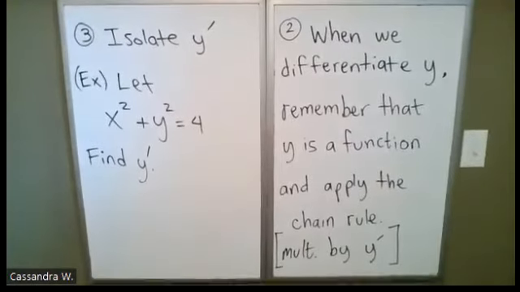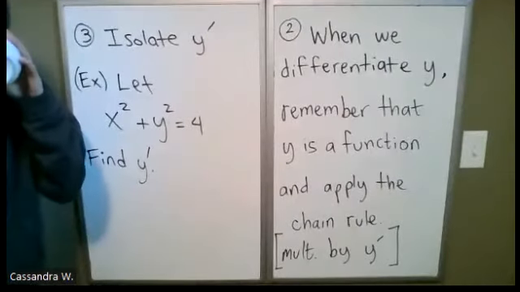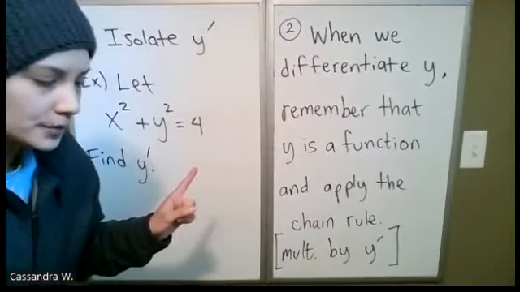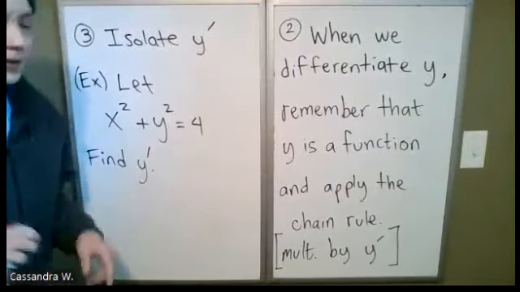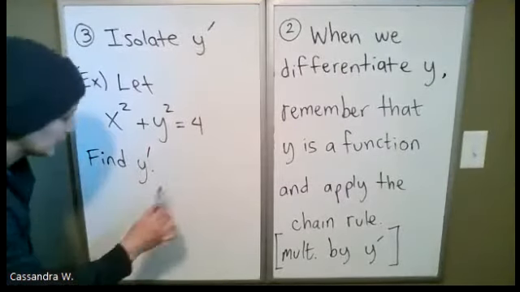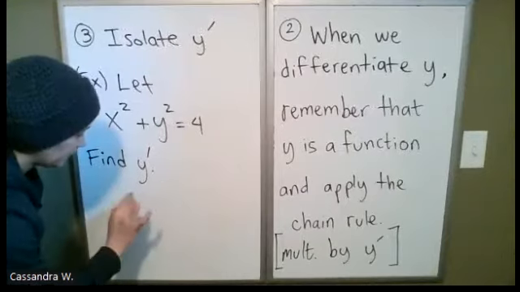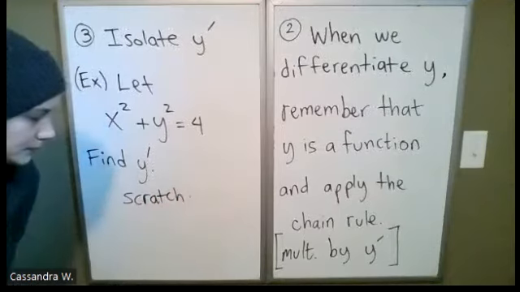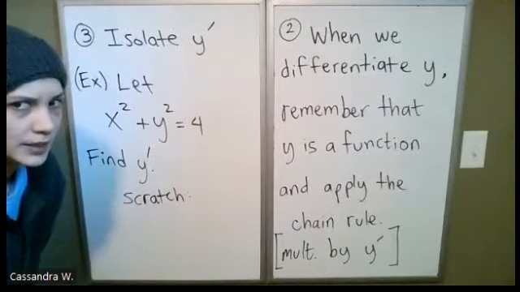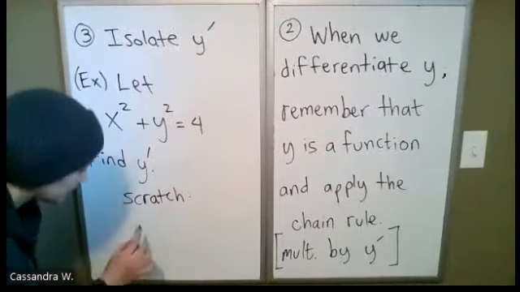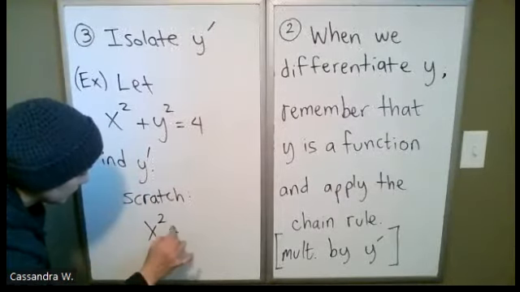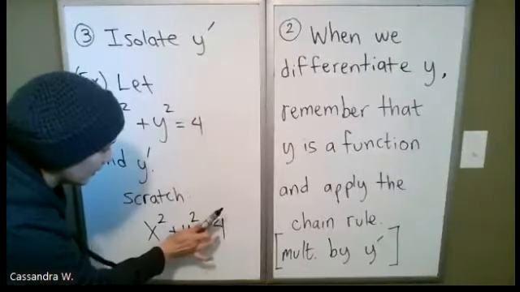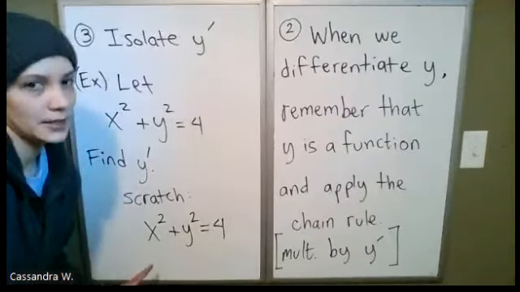First, we're going to do the first step, which is differentiate both sides. First, I'm just going to write down what we're looking at: x squared plus y squared equal to 4. We're going to take the derivative of both sides, just as it is.